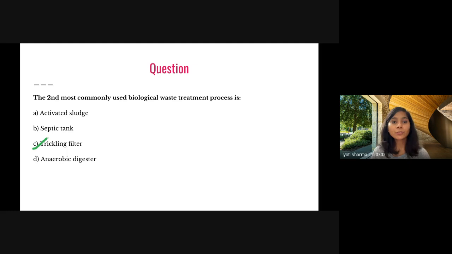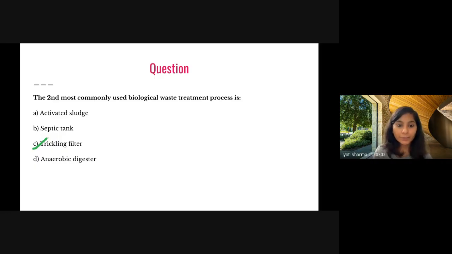Let me show you what I was talking about. So this is your microorganism layer, right? And the wastewater will be sprinkled. Then after treatment, the clean water will be settled here, and this is your outlet from where the clean water will go on.